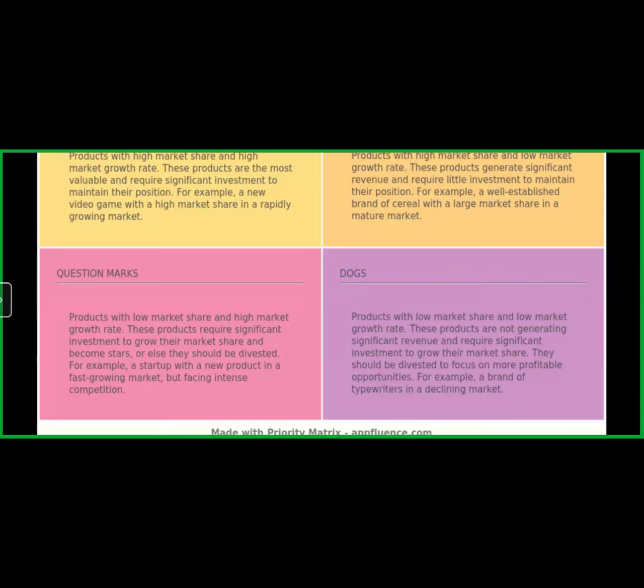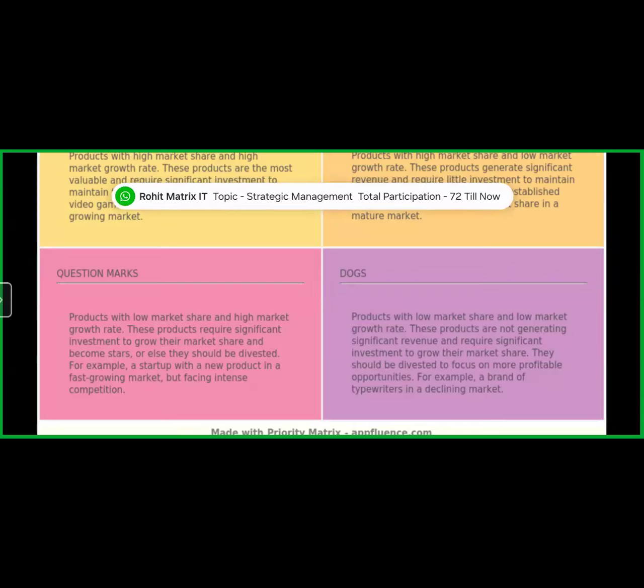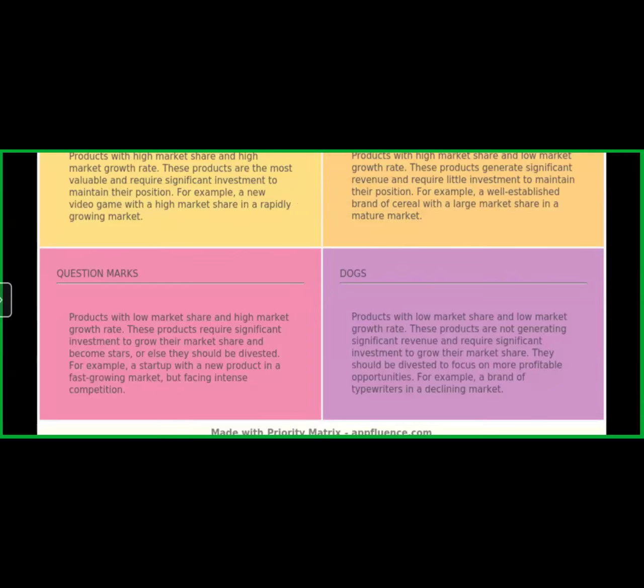The market share of Amul milk, Amul curd, Amul paneer or Amul ice cream is, of course, the highest. But when we compare the products, although the brand is the same, Amul, the company is the same, one product is doing great and the other product is not at all.